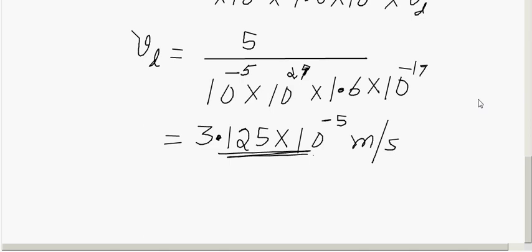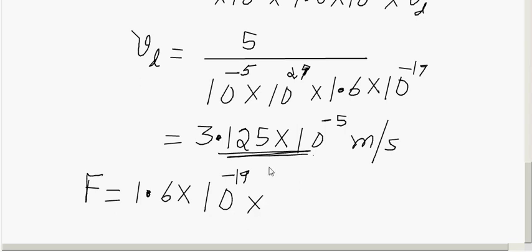Now next is to find out the force. Force is equal to, therefore, evdB. So e is 1.6 into 10 raised to the power minus 19, into 3.125 into 10 raised to the power minus 5, into B, that is 0.1 Tesla.